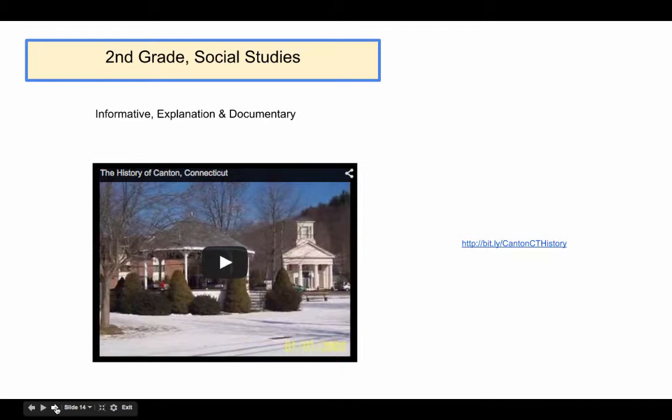Here I have a case of a teacher creating an informative digital story, documenting and explaining the history of the town in which the children live. This concept of creating digital stories about places, be it a state, a country, a geographic region, is an excellent way not only to review information within the class, but also if you're doing cross-class collaborations with classes in different parts of the world.